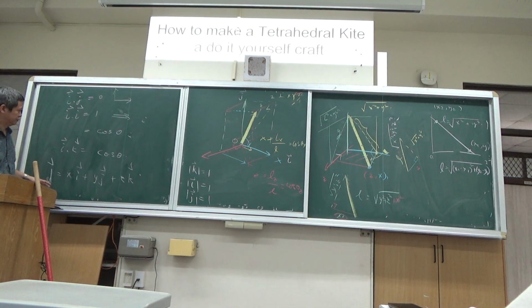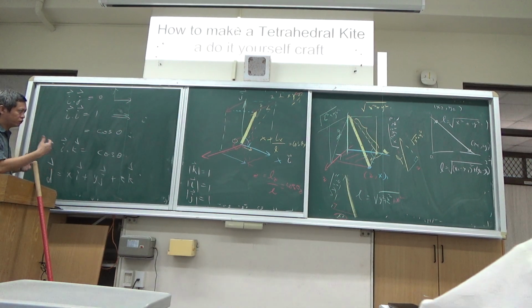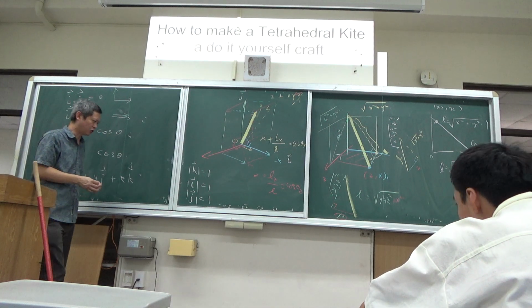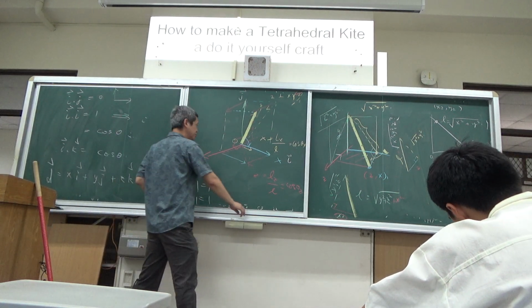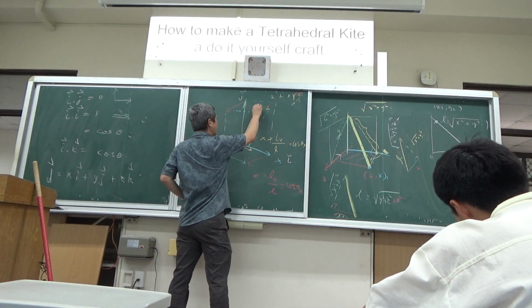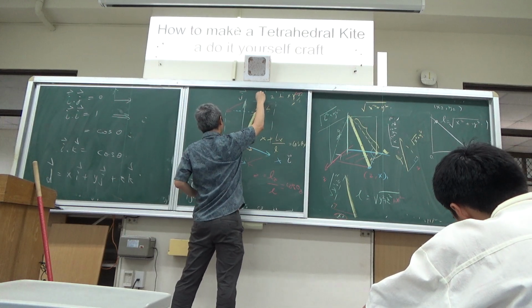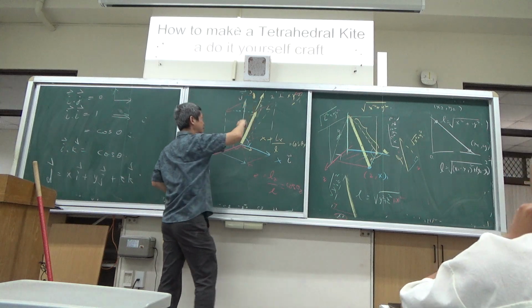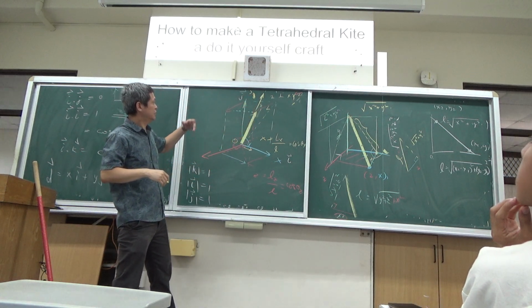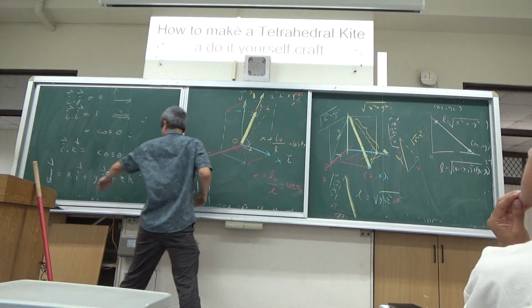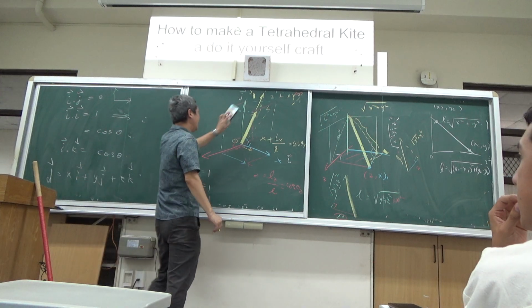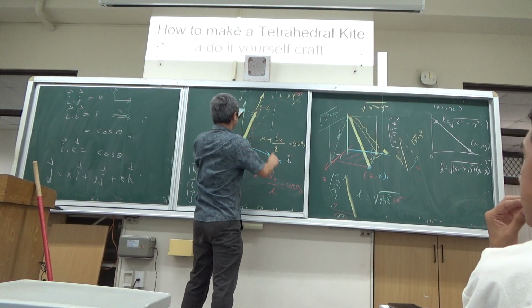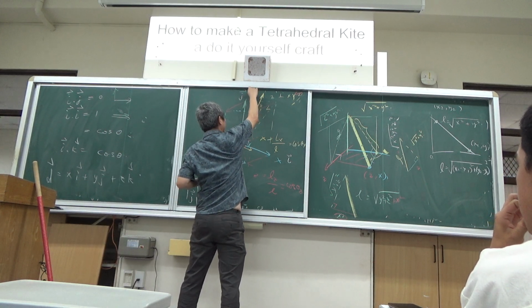So in a way, if I now redefine the coordinate, it is possible to define the axial coordinate to be my vector. But since it's axial, I would prefer calling it i prime.